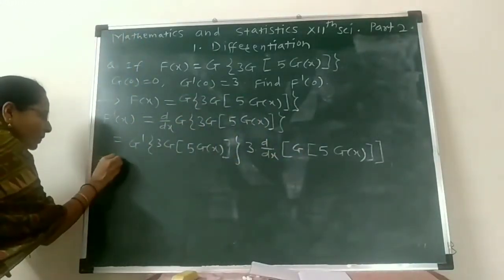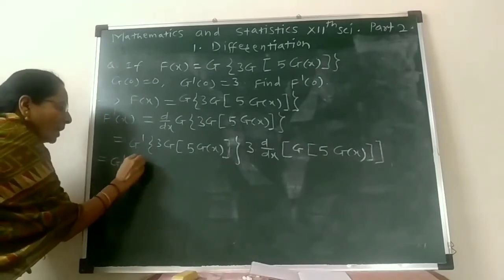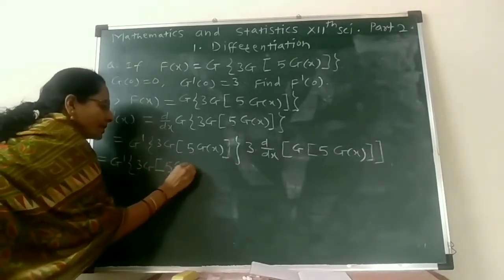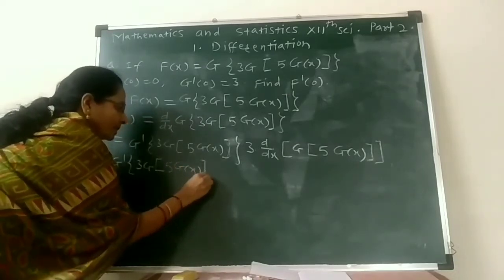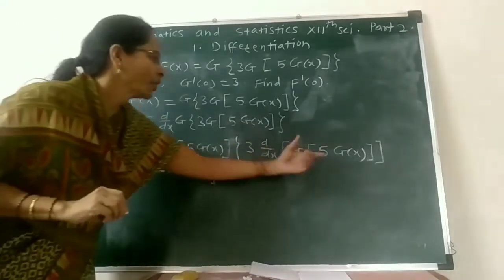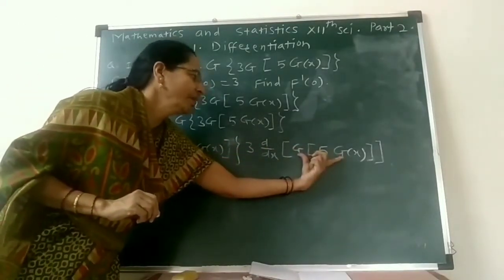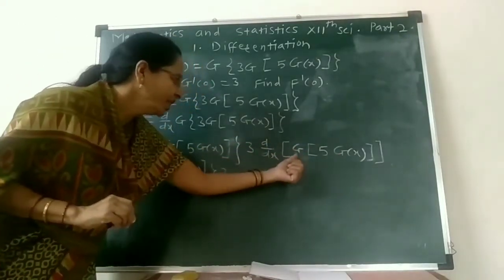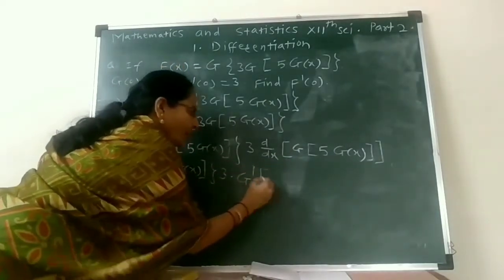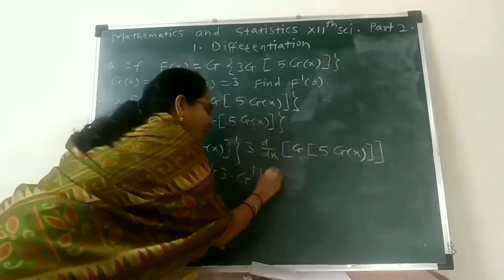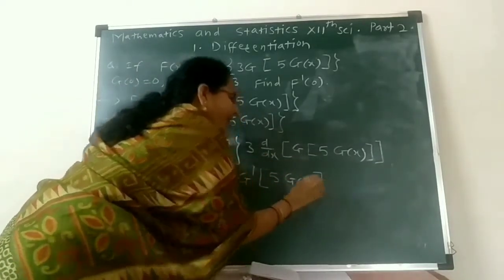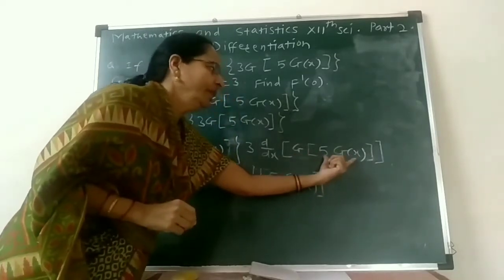Next is equal to g dash 3g, 5gx. 3 d dx of g, this term is g dash, of this term 5gx into d dx of this term.